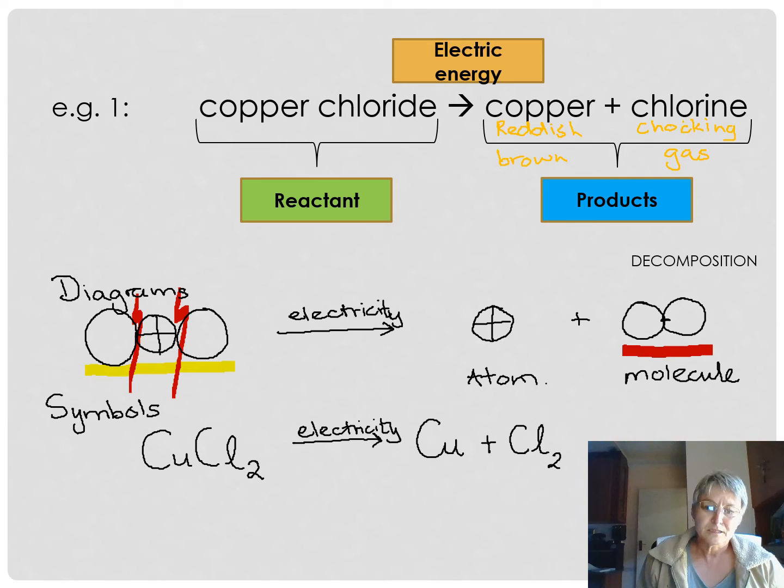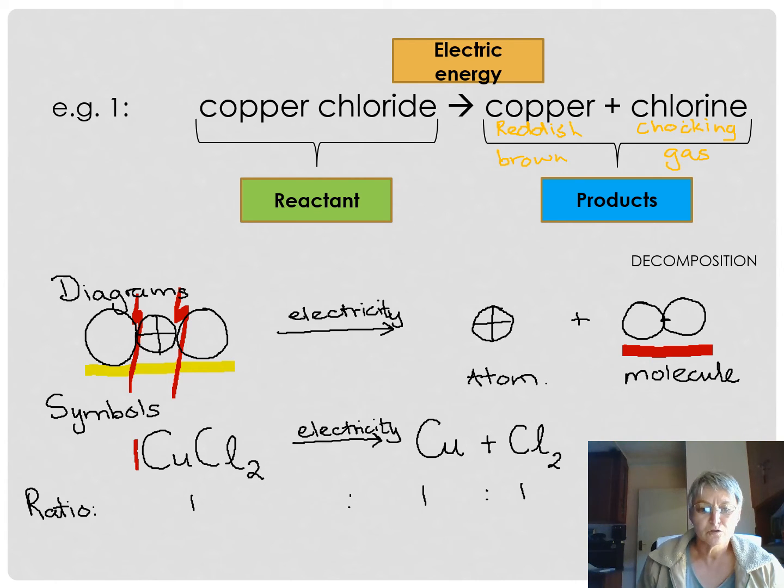Now, the next thing I'd like to explain is the ratio between the reactants and the products. One copper chloride will form one copper atom and one chlorine molecule, and those ones we get from the coefficients.